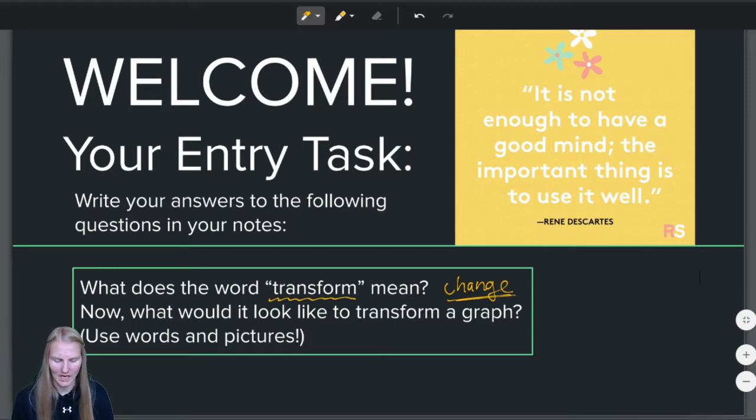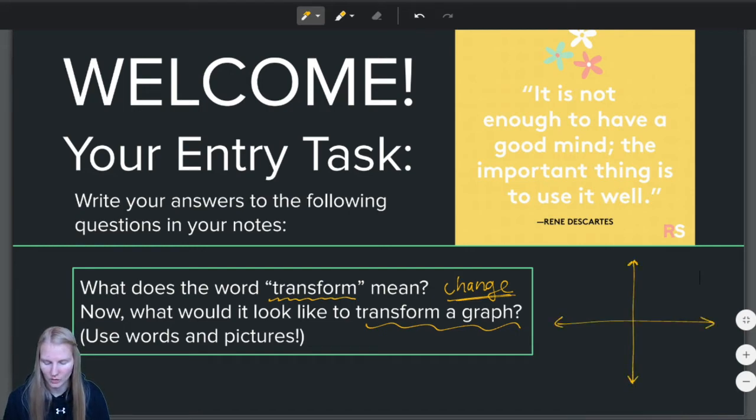What would it look like to transform a graph? Maybe you've seen some of this before, maybe you haven't. But if we were to transform a graph, it depends on what the graph looks like, right? We can transform the line y equals x. We can make it steeper, or we can change it to make it less steep.